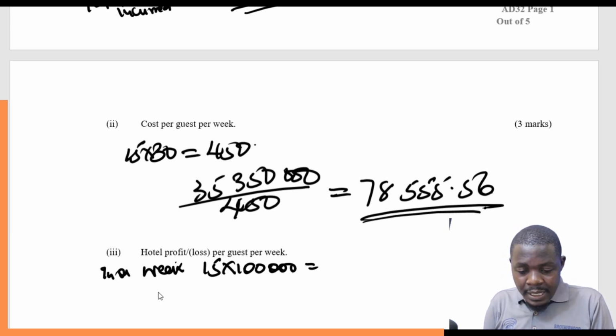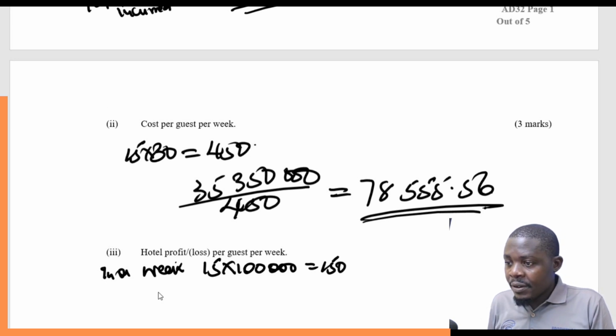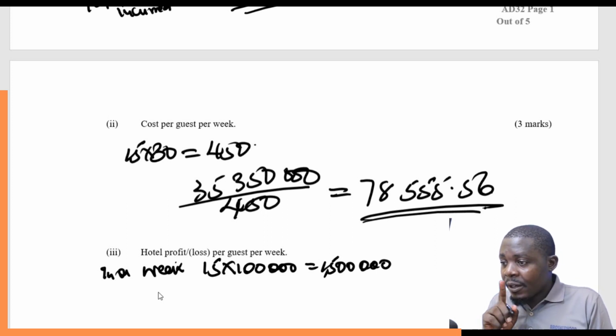Meaning, in a week, we were making 1,500,000. But now we are told to determine the profit or loss per guest per week.